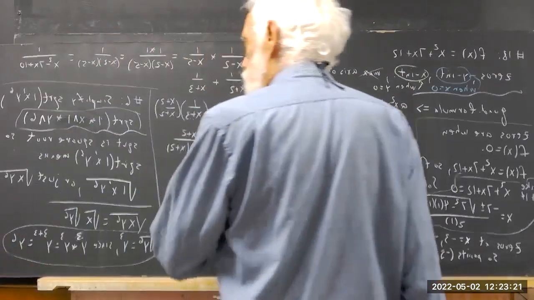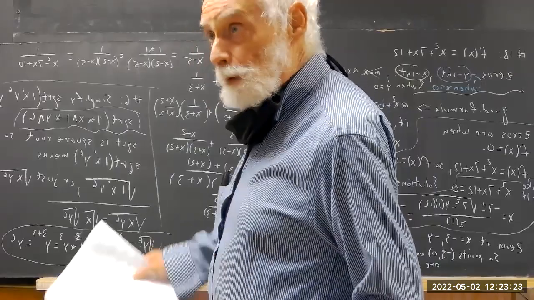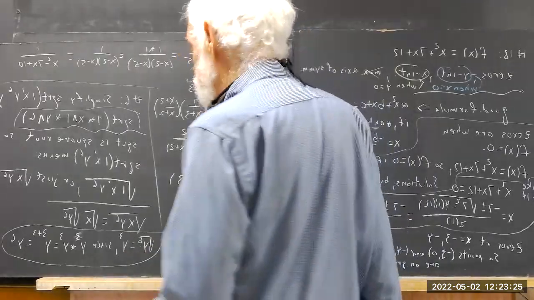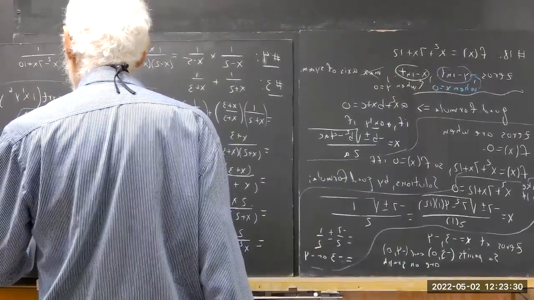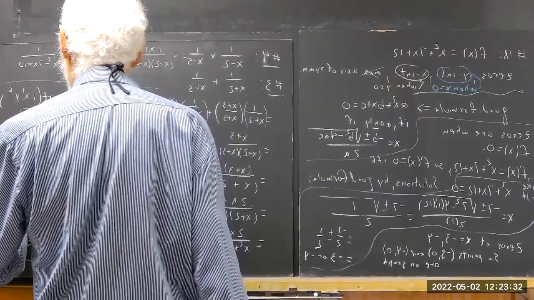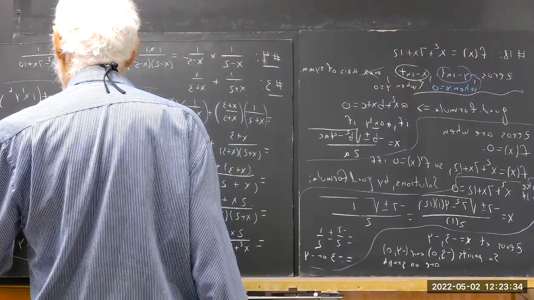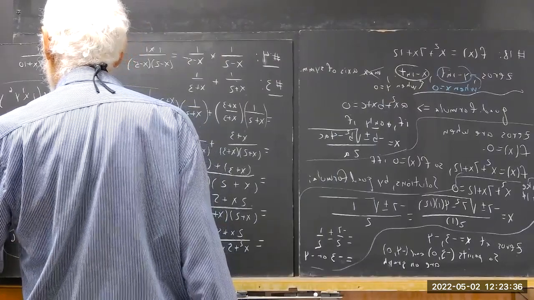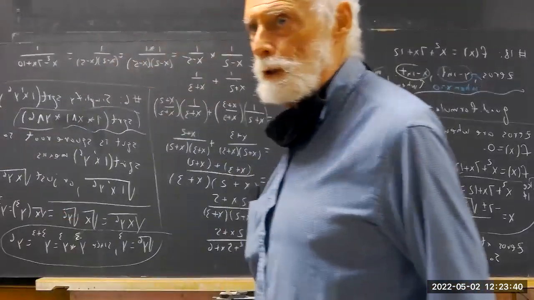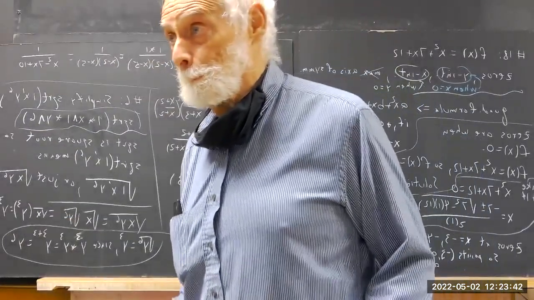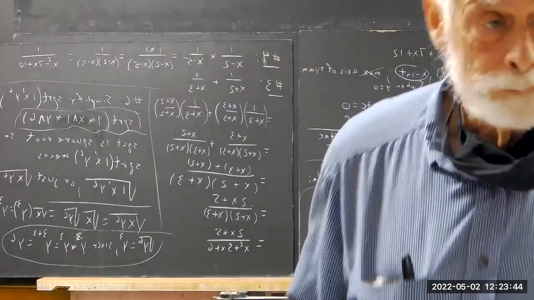So I'll write this down here, and hopefully we understand this. So this is the square root of x times y to the third. We usually write that as y to the third square root of x. I'm not picky about that in this course, okay?